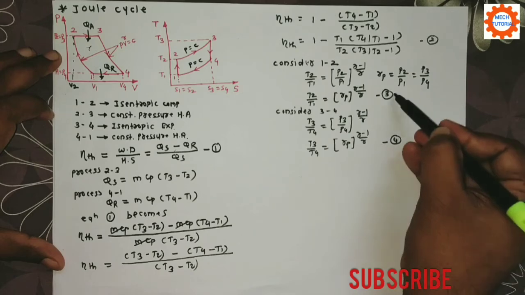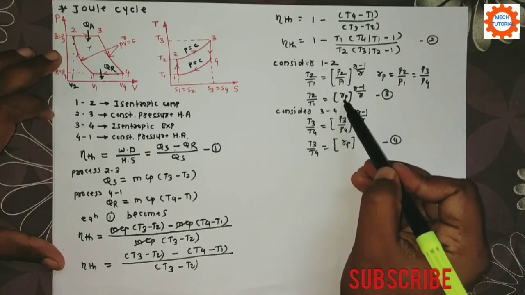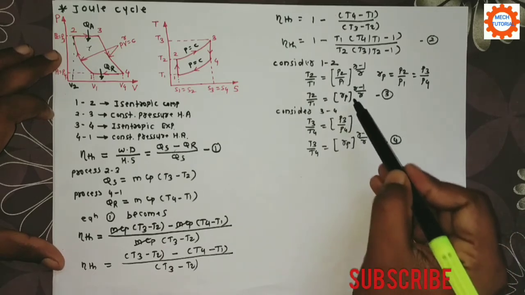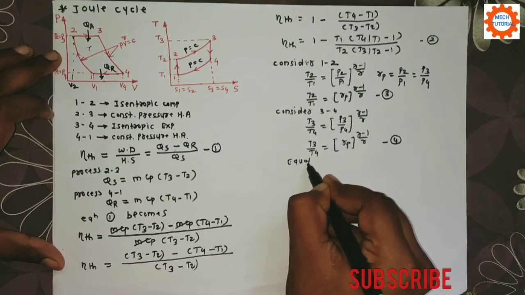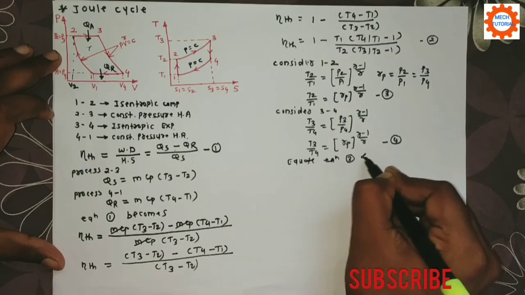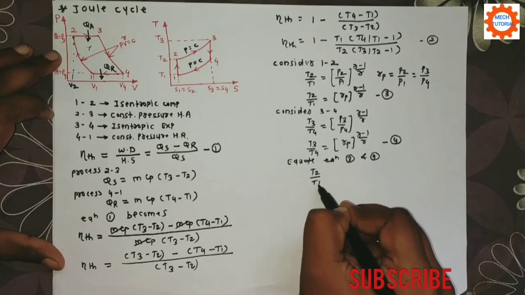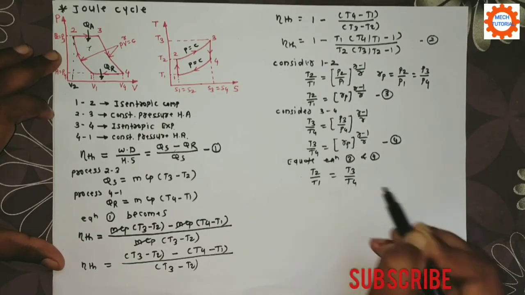Equate equation number 3 and 4. Look at equation number 3 and equation number 4: the right hand sides are equal, so we can write T2 upon T1 is equal to T3 upon T4.